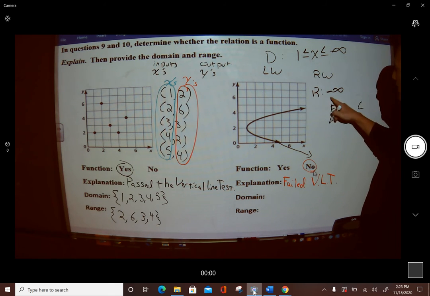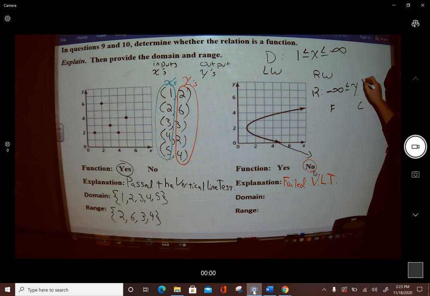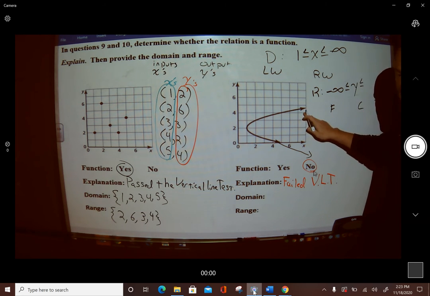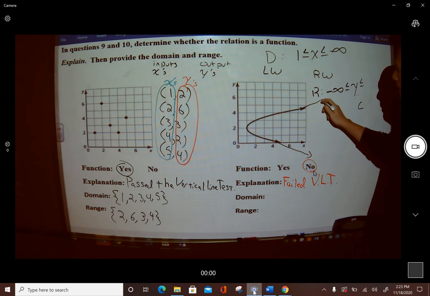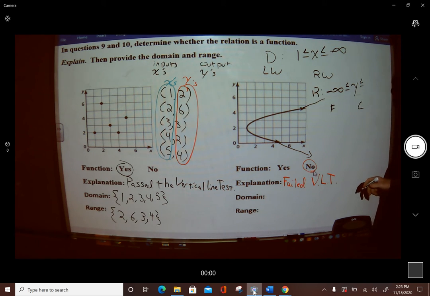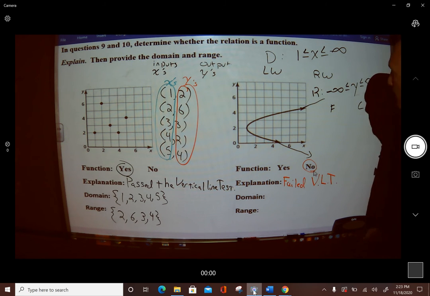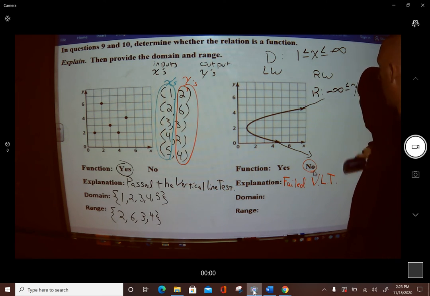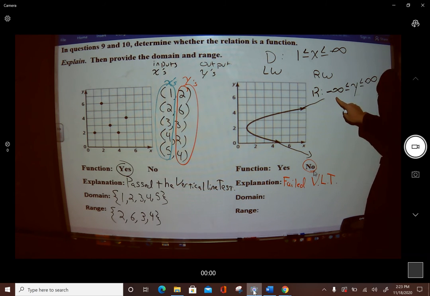So negative infinity is less than or equal to all the y's, which are less than or equal to, well, the same thing happens here. It keeps going up, up, up. If it keeps going up, up, up, it'll go up to positive infinity. So our range is from negative infinity all the way to positive infinity.